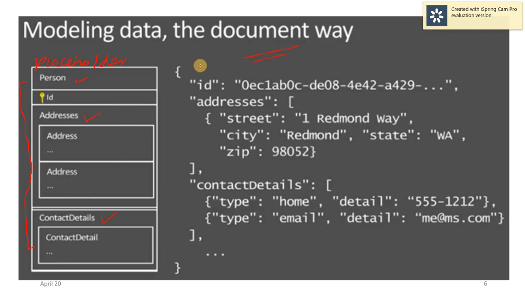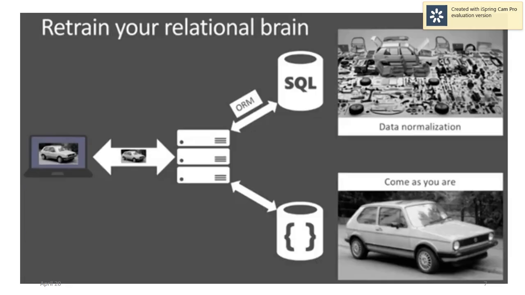If you take a look at these codes here, you have these curly braces. This is the outer curly braces and this is the inner curly braces. Each of these curly braces represents a document. One curly brace would represent a document. So you need to retrain your relational brain.